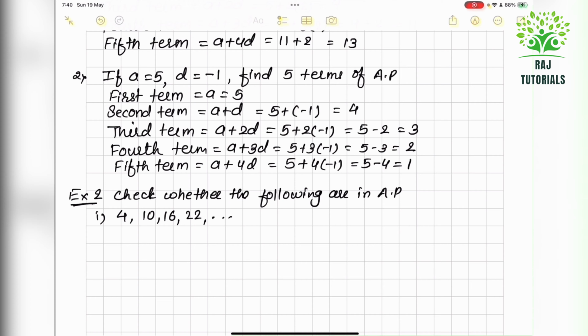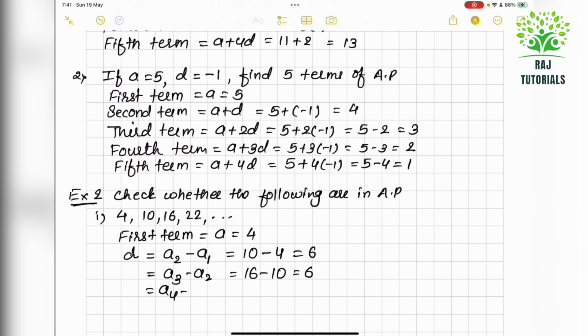Now I am not given D. So how can I find D? See, to find D what I have to do? D equal to A2 minus A1. That is second term minus first term. So that will be 10 minus 4, so 6. Now for the third one, A3 minus A2 I will do. So I will get 16 minus 10, so that is also 6.